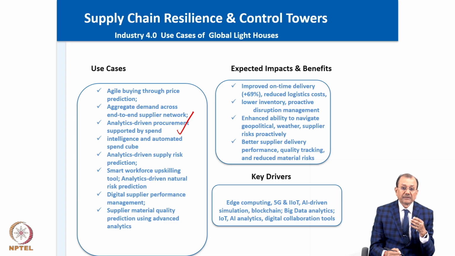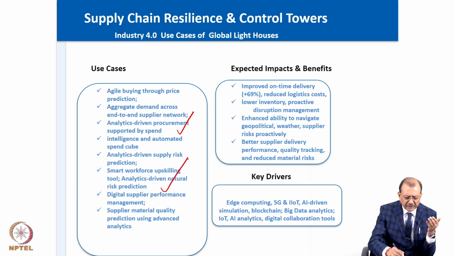Analytics proactively tells the management that this spare part is going to be in the minus, or going to be at the threshold limit, so we should better place the order to procure it. Like that, analytics-driven procurement is being used in companies.